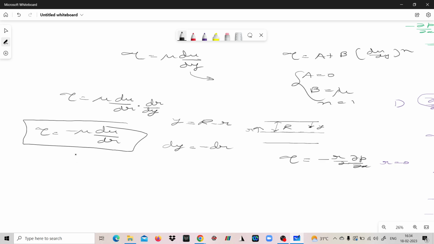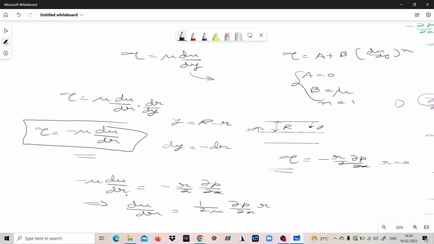So if we compare this equation and this equation, we can write that minus mu du by dr is equal to minus r by 2 del p by del x, or du by dr is equal to 1 by twice mu del p by del x times r.